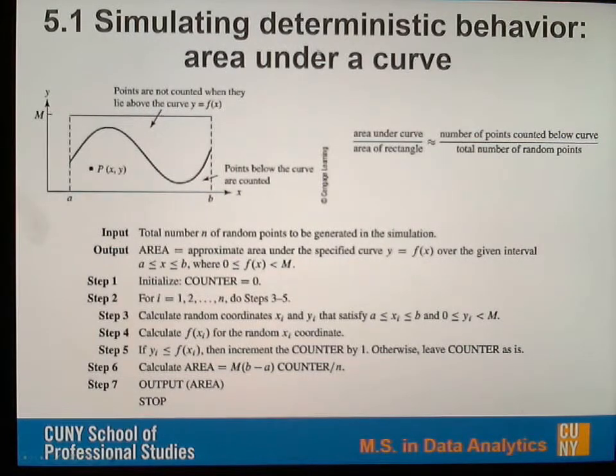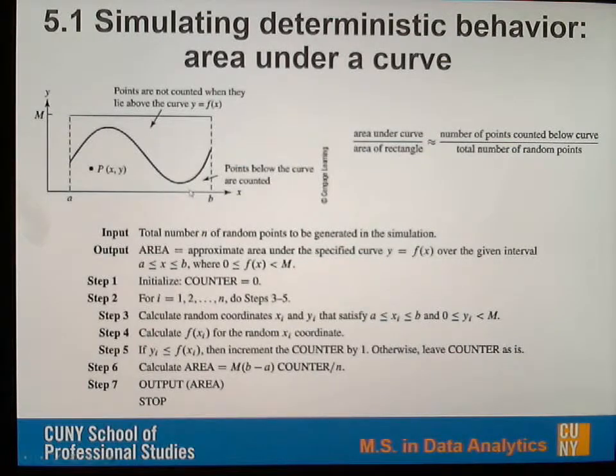So this is an example of using simulation. If we have a point P here, when P is under the curve, if we have enough points under the curve and some points above the curve, we could use the number of points counted below the curve divided by the total number of random points to approximate the area under this particular curve.